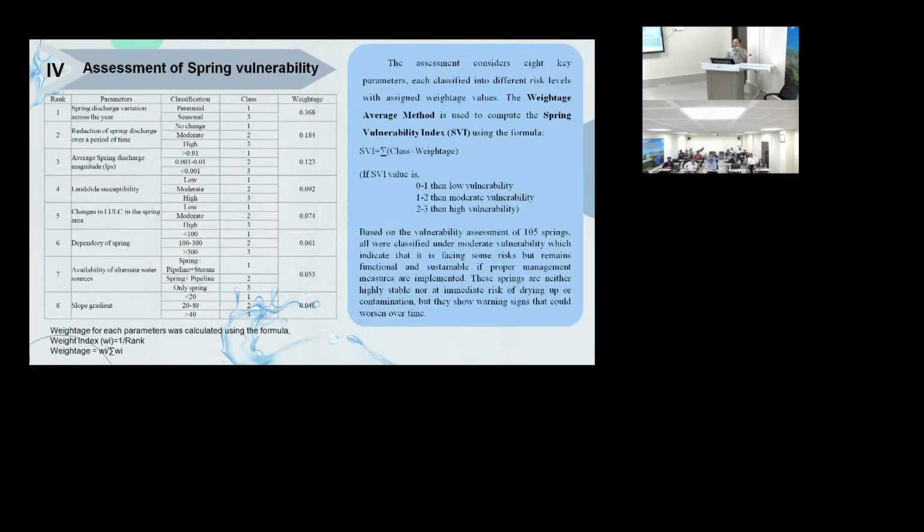And I think Sir has already explained the vulnerability assessment. So we did a very simple vulnerability assessment of those 100 springs using the weighted average method.